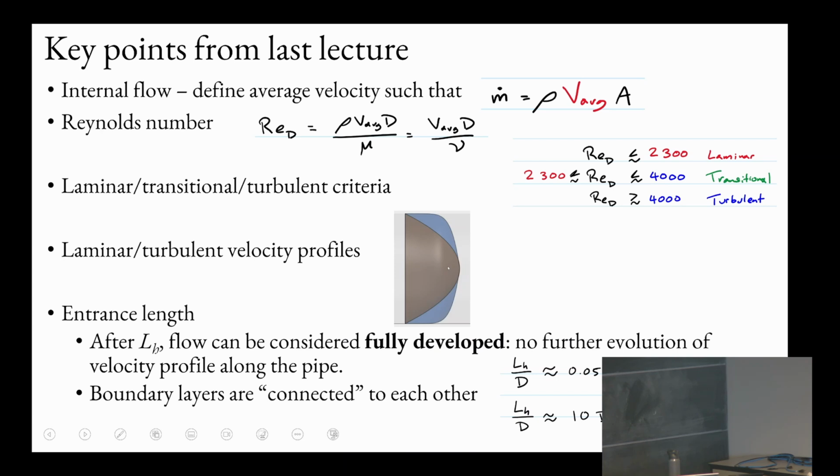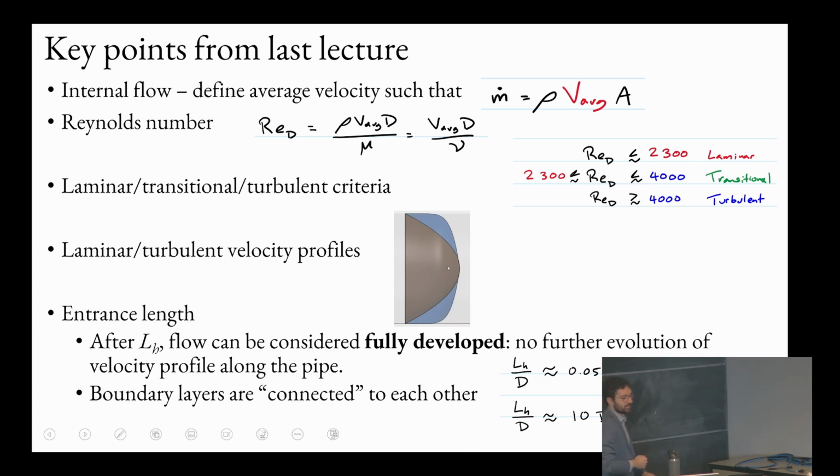The velocity profile is u equals u of r, a function of radial position. In the developing region, u is also a function of x, so it changes along the length. Once it's fully developed, u is no longer a function of x, only a function of r. So you can pass that around if it helps your understanding of entrance length.